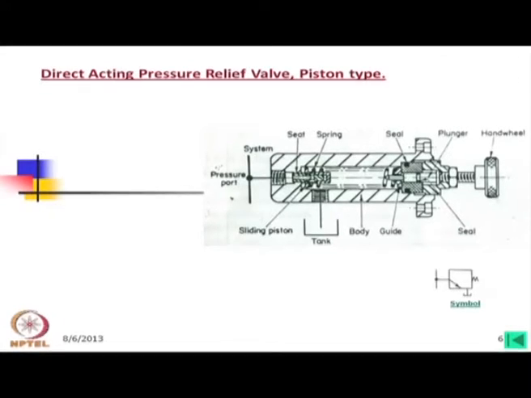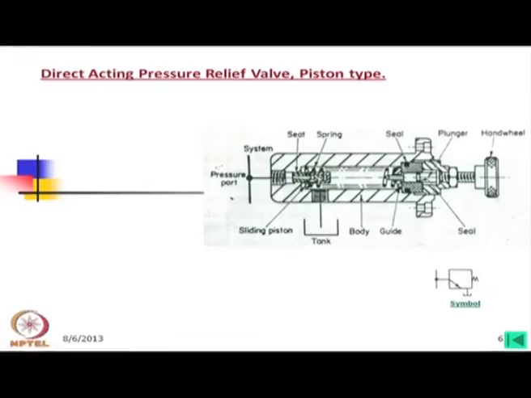Again this is also direct acting, but instead of a poppet or cone, we have used a piston. If you look into this part, there is an orifice which is giving pressure to this piston, which is a cap type.